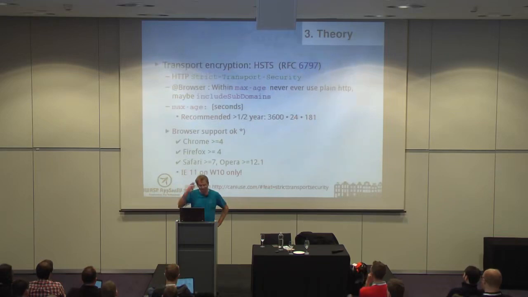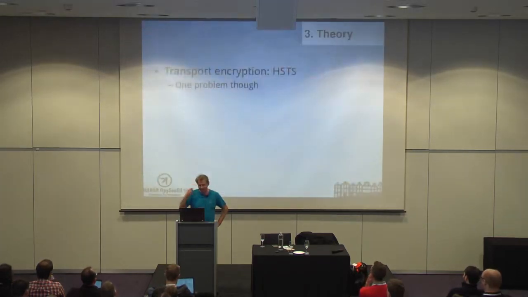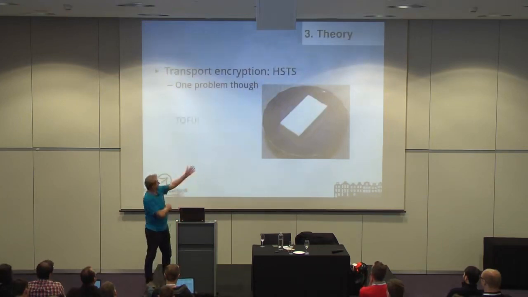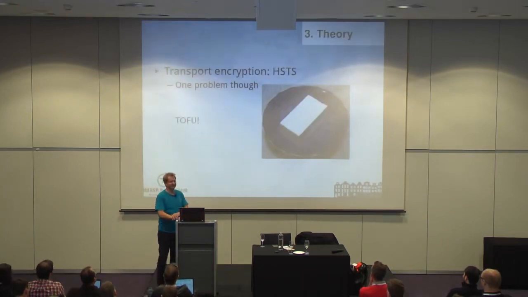But there's a catch to the whole thing, which Jim also explained yesterday. If an evildoer is in the middle of a connection, he has a problem, which vegetarians know: it's TOFU, the trust on first use principle, because they don't know whether they can trust the site if the HSTS header is supplied.